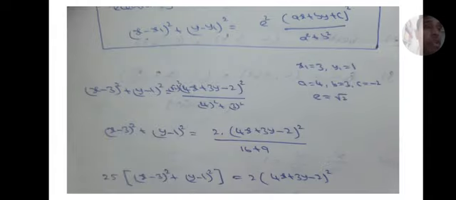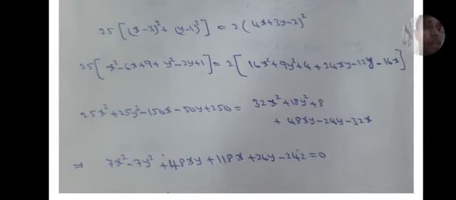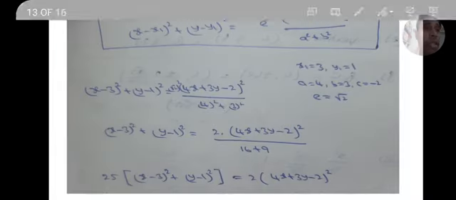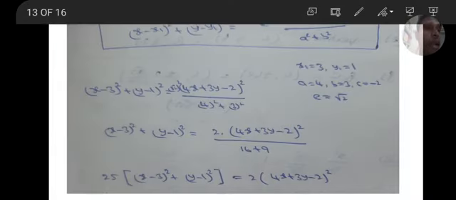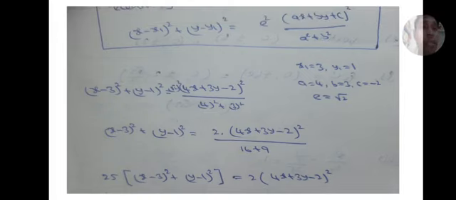So x1 equal to 3, y1 equal to 1, a equal to 4, b equal to 3, c equal to minus 2, e equal to root 2. Substitute values: x minus x1 means x minus 3 whole square plus y minus y1, y minus 1 whole square equal to e square, root 2 whole square, into (ax plus by plus c) whole square, means (4x plus 3y minus 2) whole square by a square, 4 square, plus b square, means 3 square.